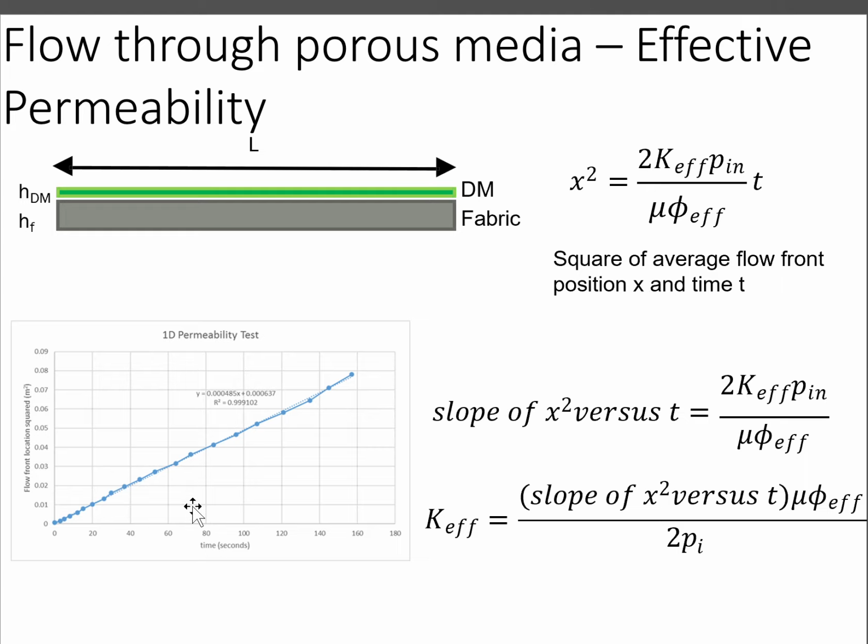No, you can have like 5, 6, 7, 8 data points, and using each data point and its corresponding time, you can find an effective permeability, which means that by just doing the test once and making like 10 measurements, 10 point extractions, you can calculate 10 effective permeabilities, which will help you do that statistical analysis.